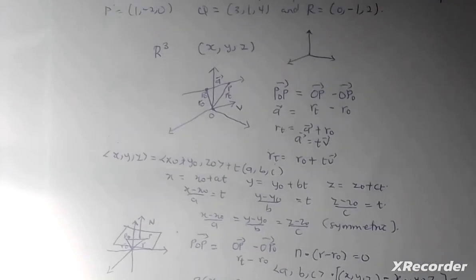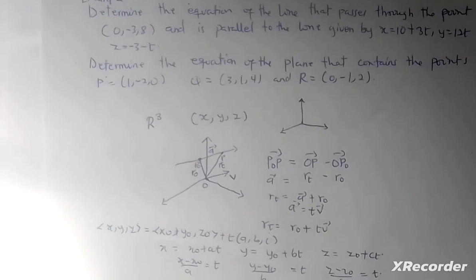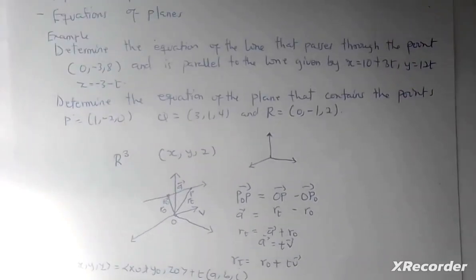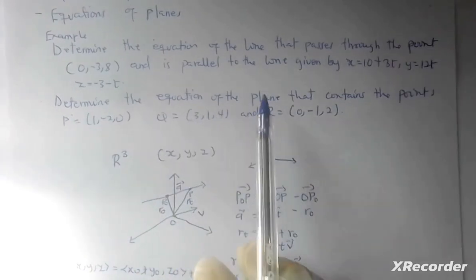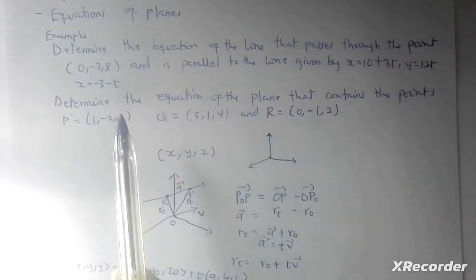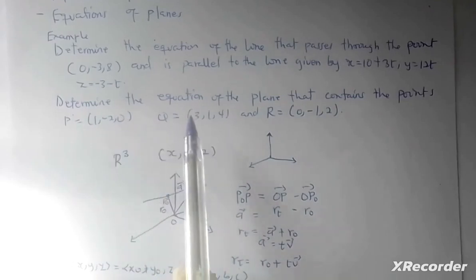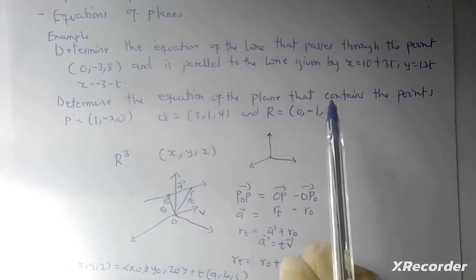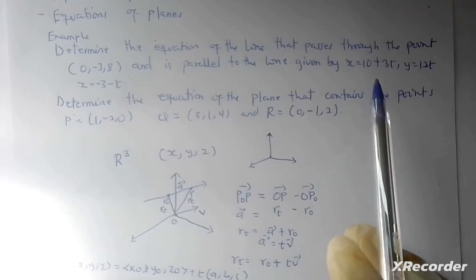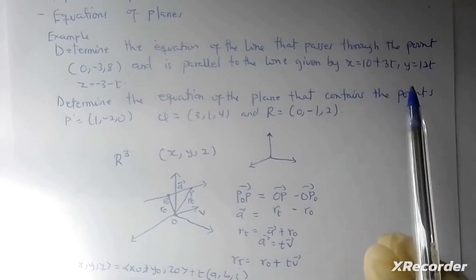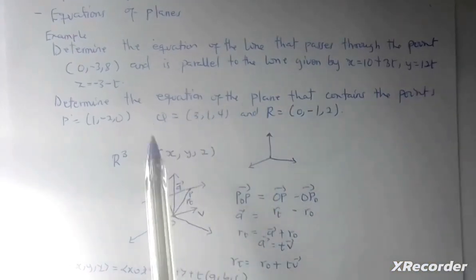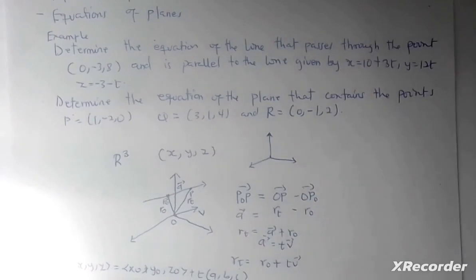Let's solve a few questions I have here so that you understand how to apply this. The first problem is: determine the equation of the line that passes through the point (0, negative 3, 8) and is parallel to the line given by x is equal to 10 plus 3t, y is equal to 12t, then z equals negative 3 minus t. So from this we can say that we have two lines under consideration.